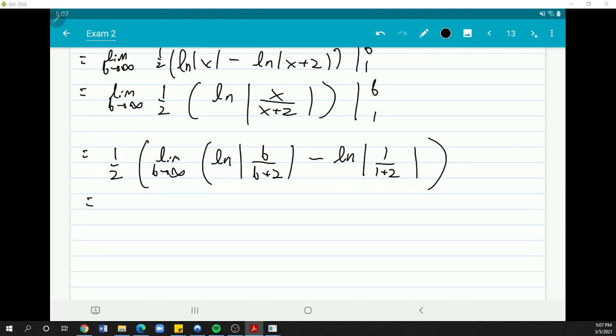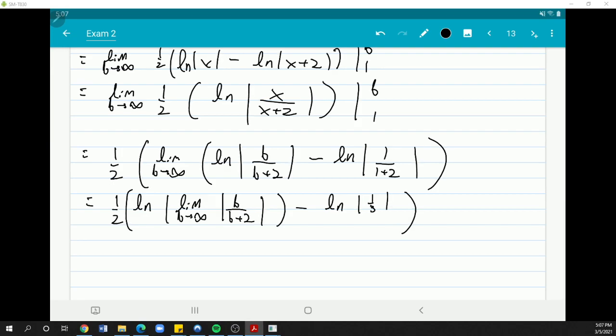But let's see. So as b goes to infinity, this is 1/2 times the limit as b goes to infinity, or, oops, I can put this limit on the inside. Natural log of the limit as b goes to infinity of b over b plus 2, minus the natural log of 1/3.